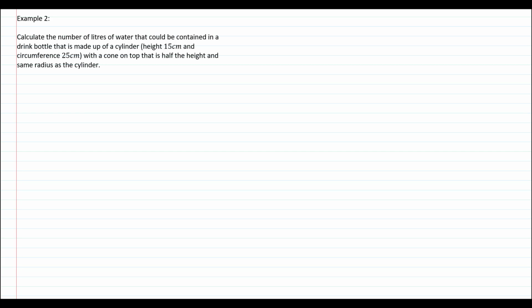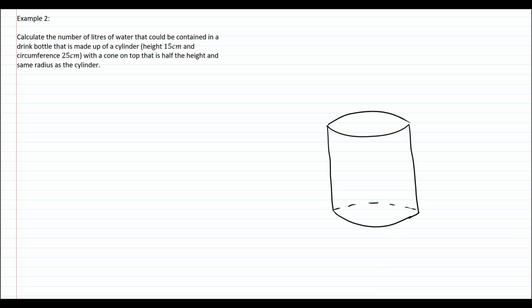Now let's look at example 2, which is a little bit trickier. Calculate the number of litres of water that could be contained in a drink bottle that is made up of a cylinder with those dimensions and a cone on top that is half the height and the same radius as the cylinder. So let's start with a diagram. So here's my cylinder. The height of my cylinder is 15 centimetres, and the circumference, you remember, is that bit around there, and that is 25 centimetres.